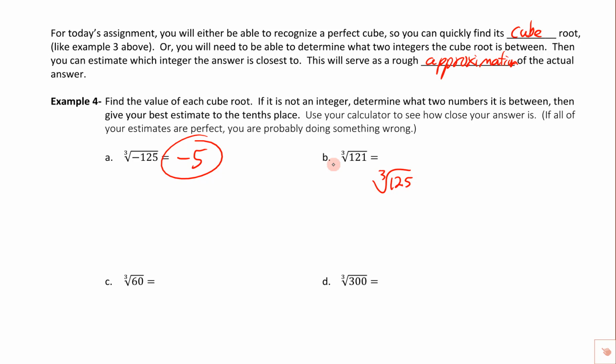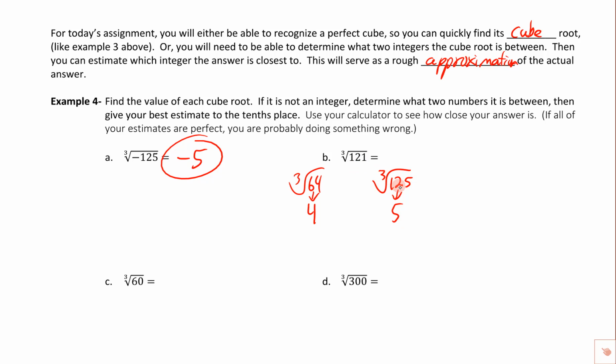And then let's think back on our list. This would be 5 cubed. It's going to be the cube root of 64. Okay, so this would be a 4, this would be a 5. So the cube root of 64 is 4, the cube root of 125 is 5. Now, those are the two integers that it's got to be between, but which one do you think it's closer to?